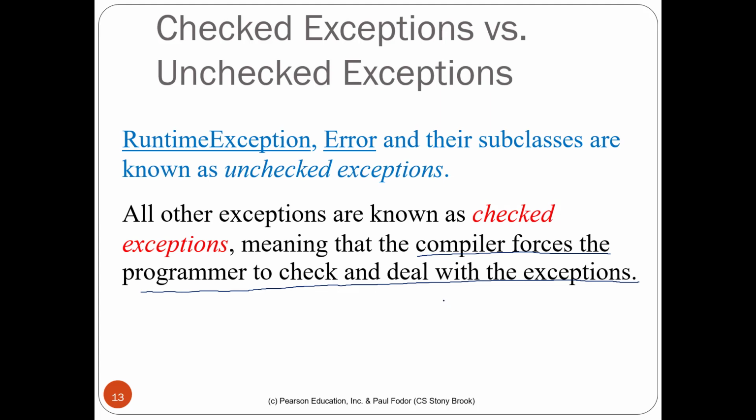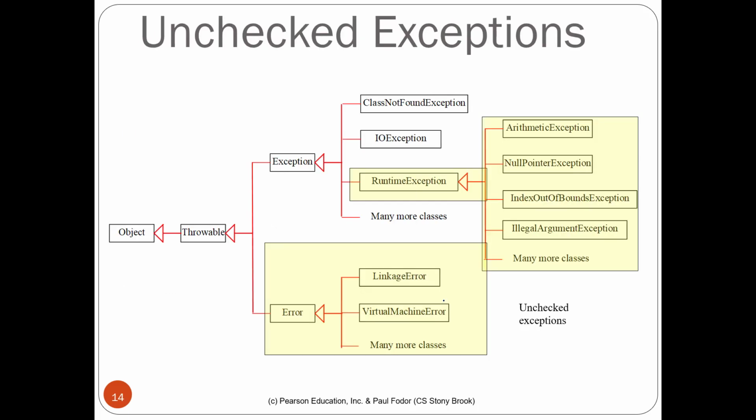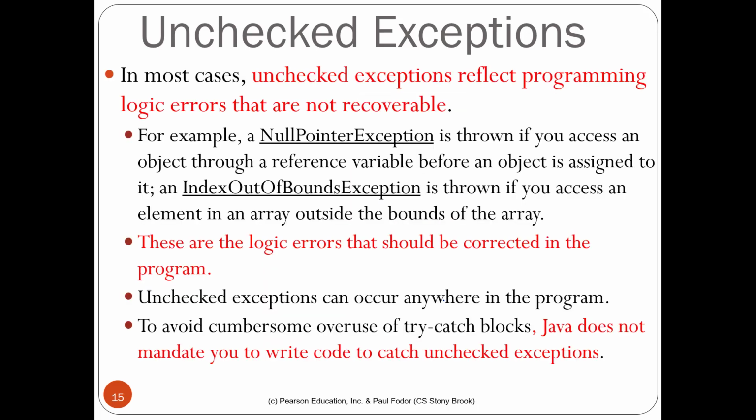So please take care of those exceptions. So when we work on files, you will see that happening. Okay, so these are unchecked exceptions which are highlighted, the error and runtime exceptions, and the remaining ones are checked exceptions.